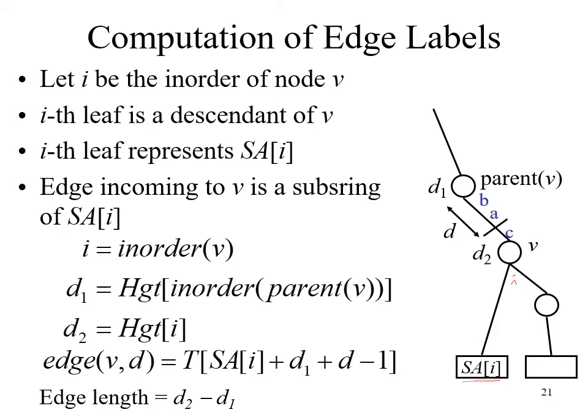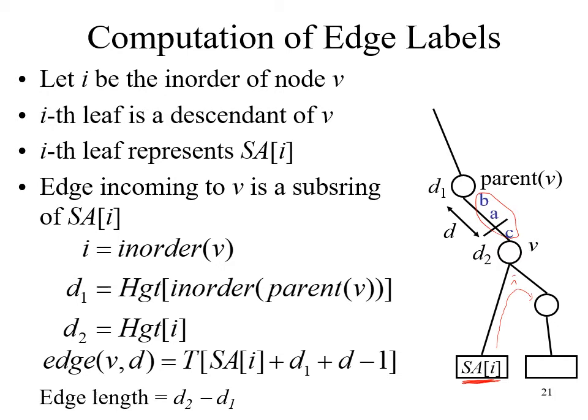This in-order I is defined during the DFS traversal from the ith leaf to the next leaf. So these edge labels are a substring of SA[I].